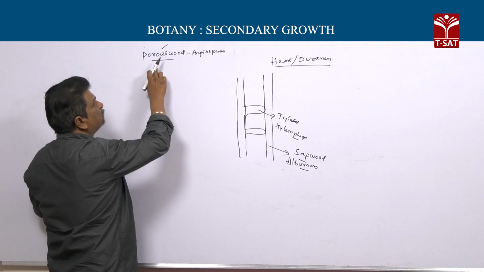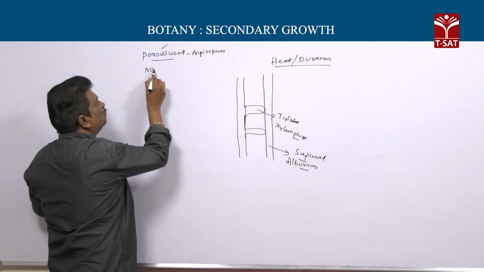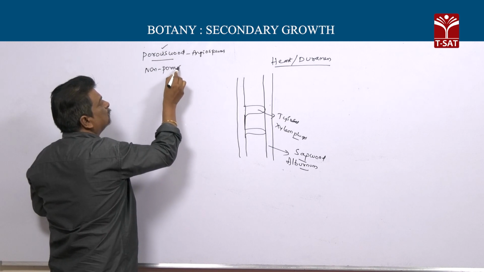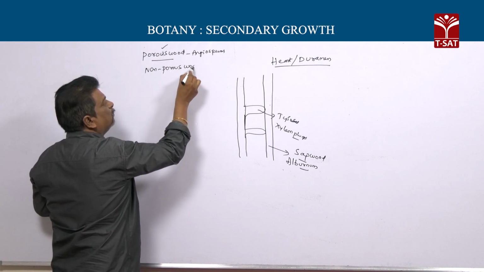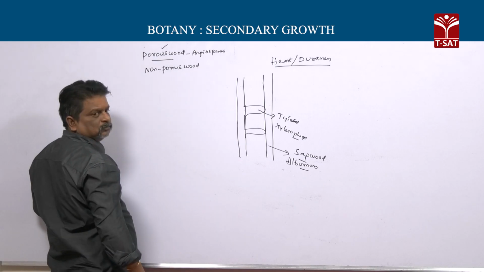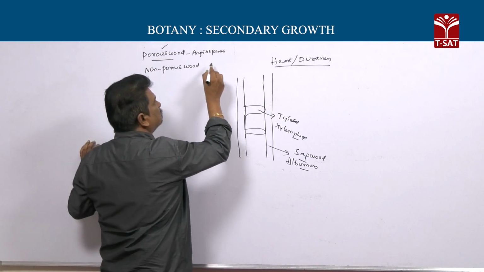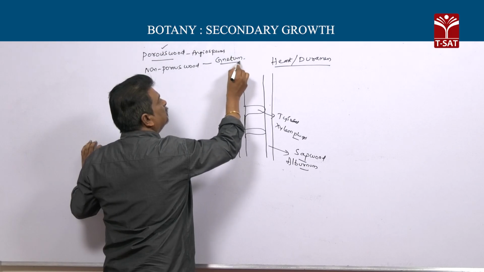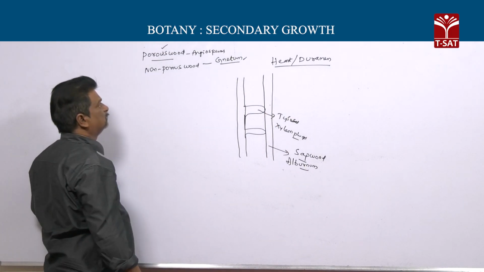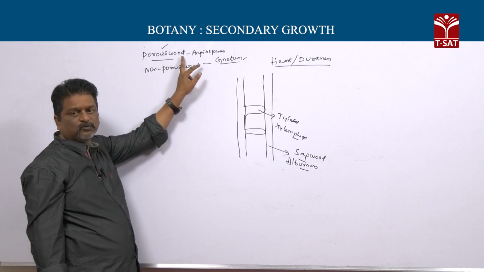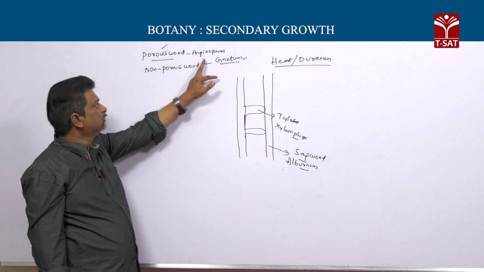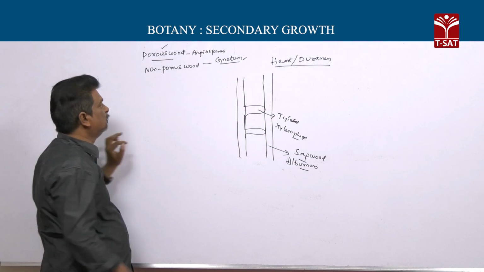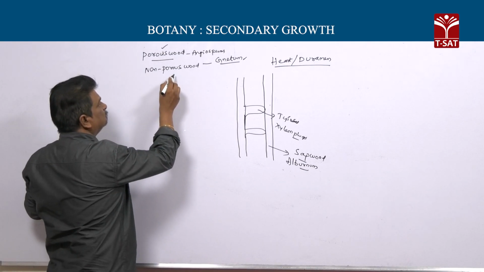In gymnosperms, the wood is without vessels, rightly called non-porous wood. In gymnosperms vessels are absent except Gnetum. In Gnetum, vessels are present. So generally, if vessels are present, it is called porous wood. If vessels are absent, it is called non-porous wood.